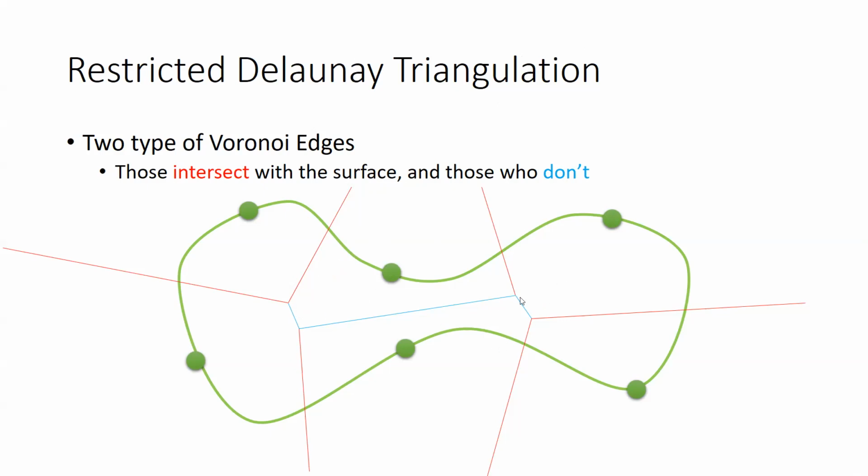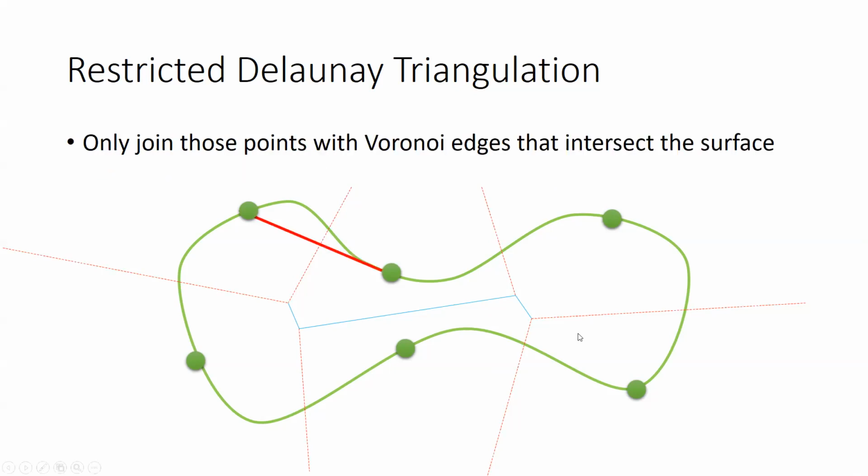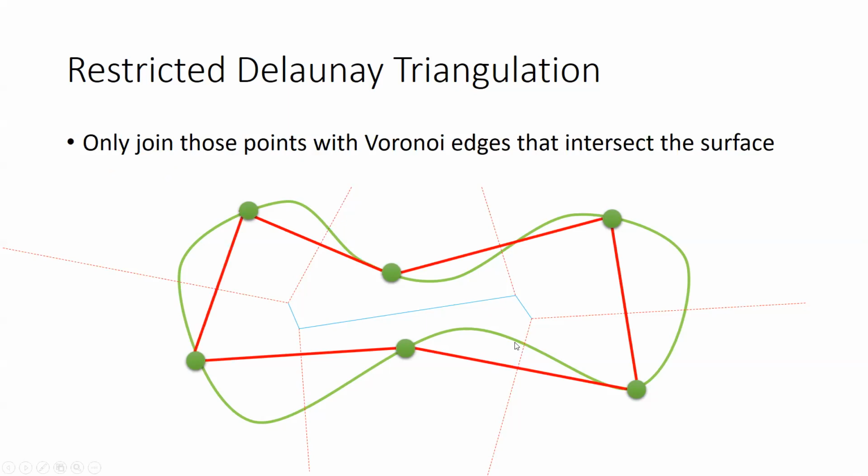And the algorithm you can do is, I only connect those points with these red edges. And these two have the broken line of the Voronoi cell that is intersecting the surface. And you can see that all this reconstructs the surface.